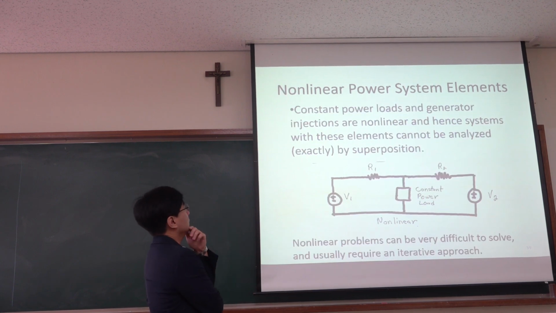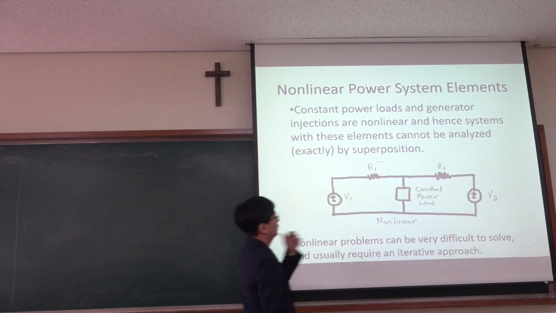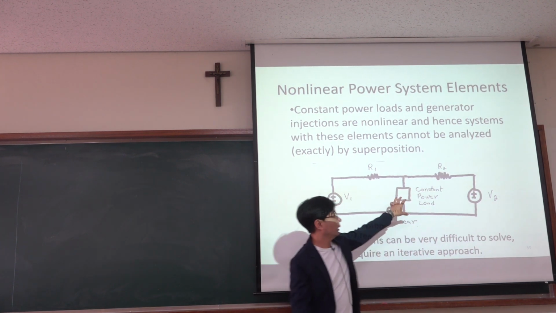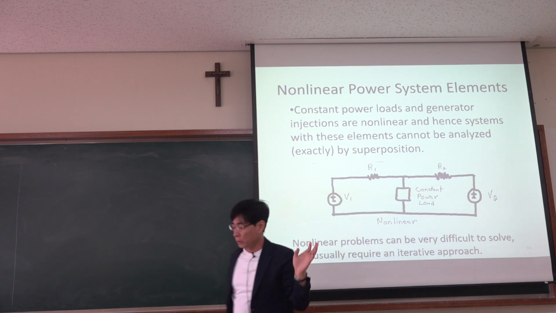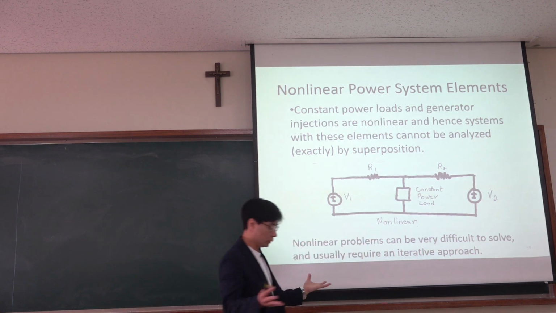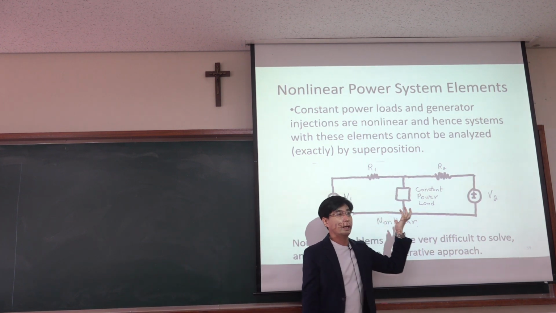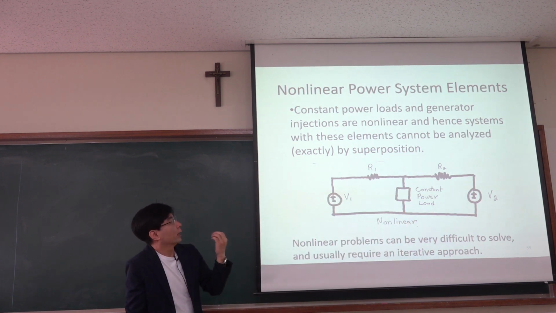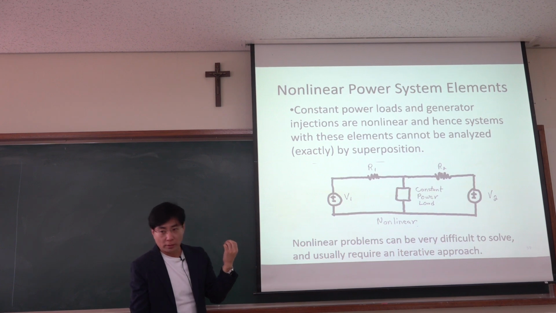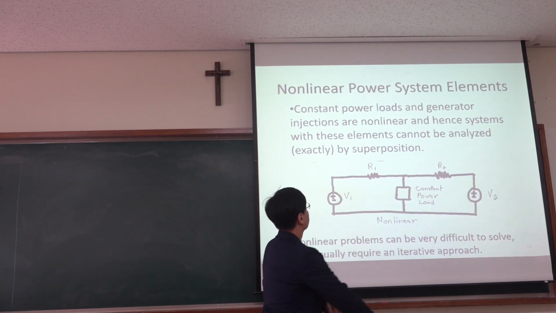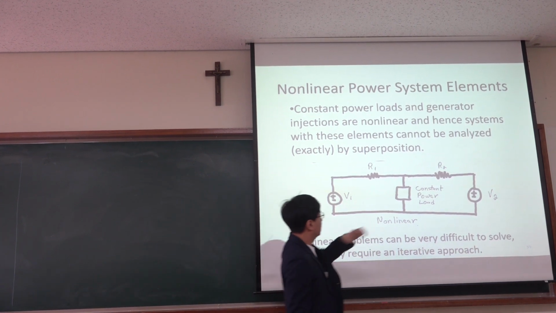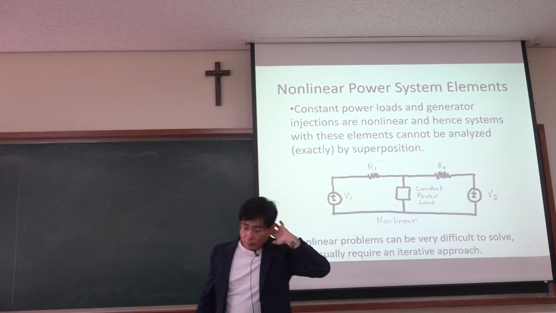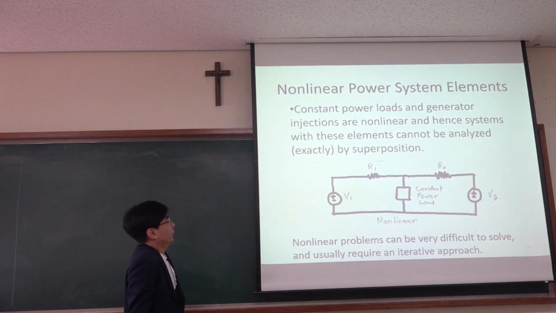But the thing is that in real power system, again, we have this constant power load, like a factory or building or university. We assume that this huge load consumes like 10 megawatt of active power and 2 megawatt of reactive power, okay, in a steady state. So because the total power consumption at this load is constant, now this system becomes nonlinear, okay?